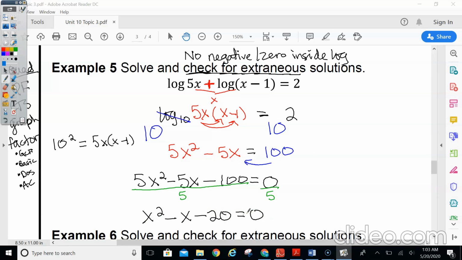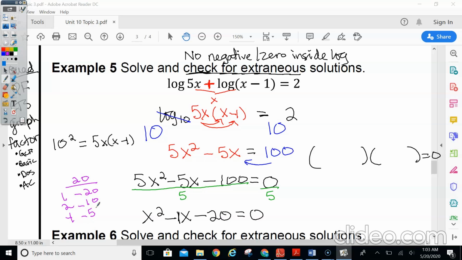So now, this is just a basic problem. What are the factors of 20 that are going to give me negative 1? So 20 is 1 and 20, 2 and 10, 3, no, 4 and 5. I know the bigger one has to be negative.